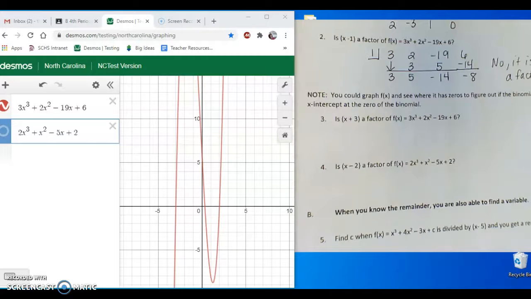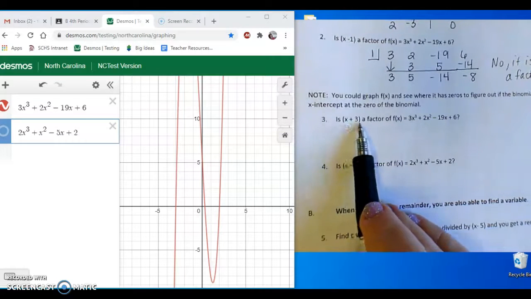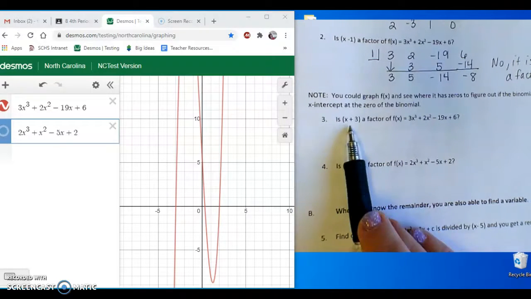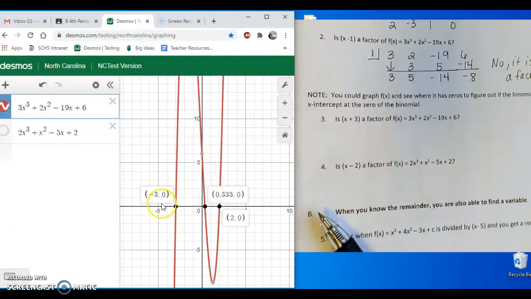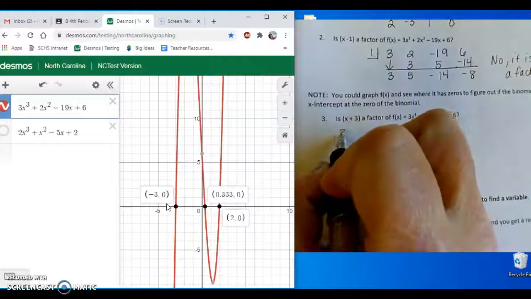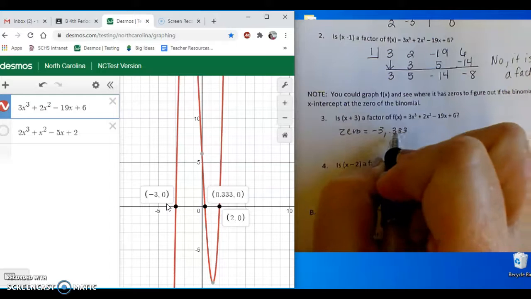Okay, so if you didn't want to do division and you just wanted to put it in Desmos, you can put this in Desmos. And we're trying to figure out if x plus 3 is a factor. Well, you found the zeros because we talked before that you can use the zeros to help you factor. -3 was one of the zeros. And there was also some other ones.